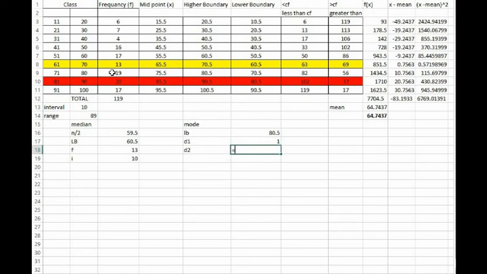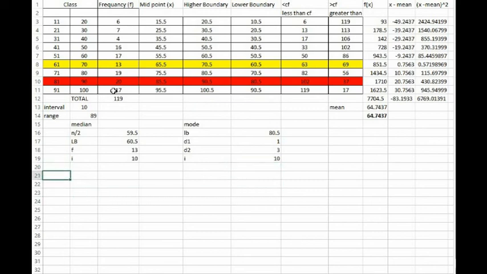Para sa D2, we have modal class minus frequency ng nasa after. So, meron tayong D1, D2. We have the interval, which is 10. So, ayan, magagamit na rin natin ngayon yung nasa formula. Now, that's how you get the measures of central tendency and measures of variability of a group data.